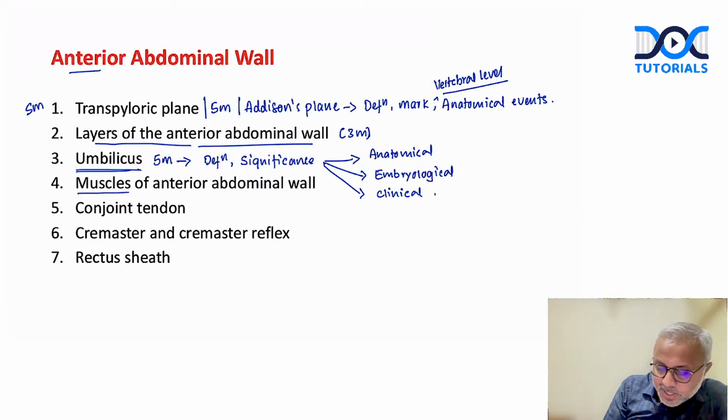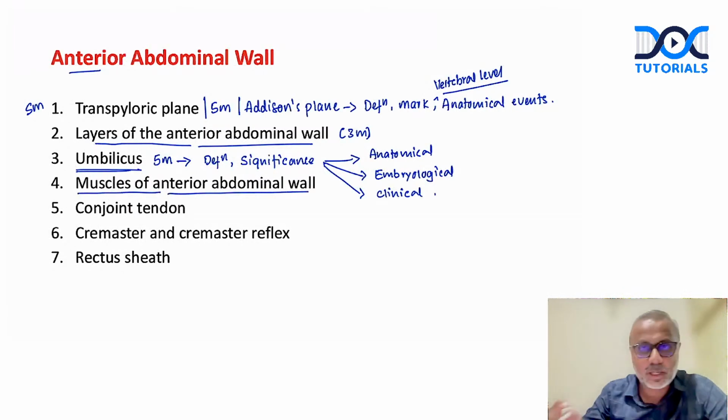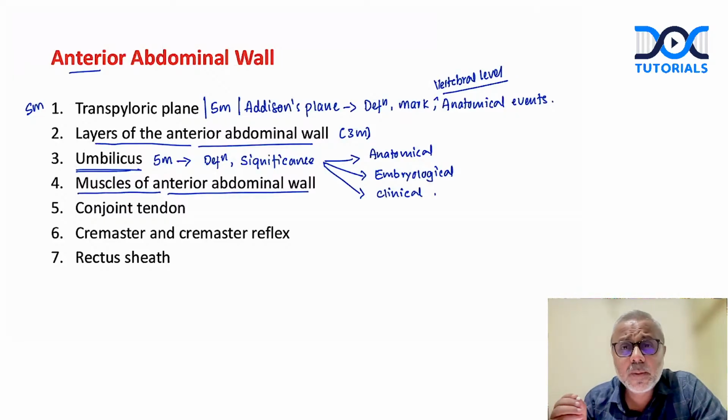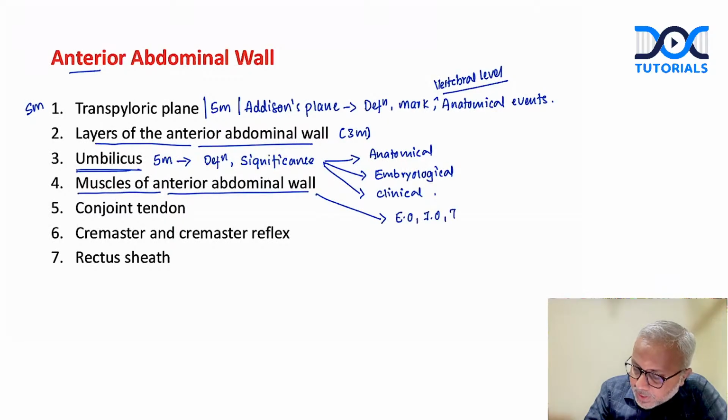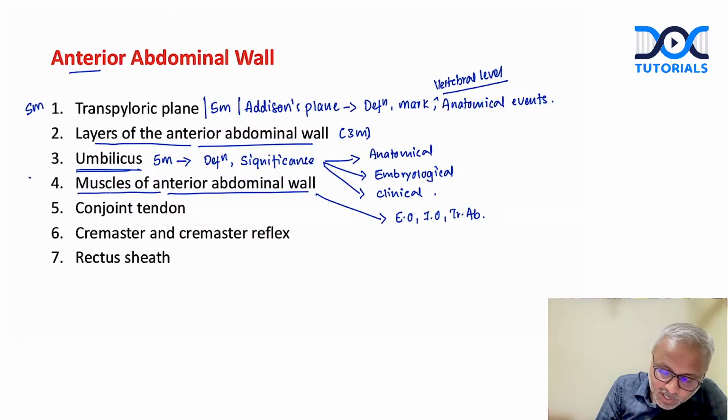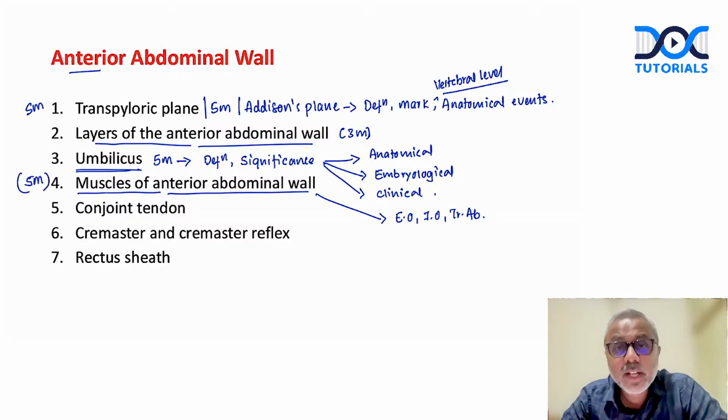Then the muscles of the anterior abdominal wall. Now, in the muscles of the anterior abdominal wall, we will have, of course, these 3 muscles. What are they? One is the external oblique, the internal oblique, and the other one is the transversus abdominis, right? So this could be a very important 5 marker question, right?